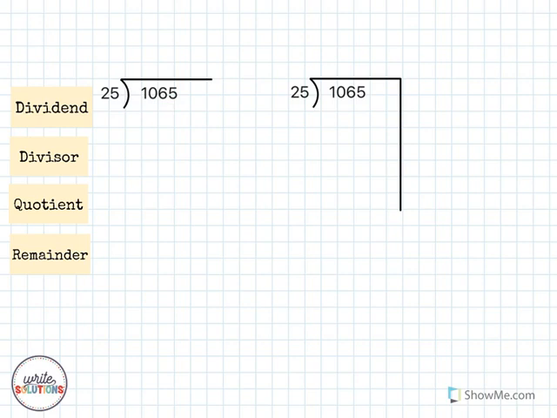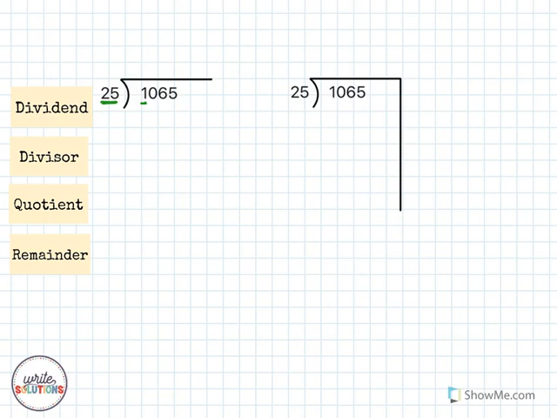To use the traditional algorithm, we start by asking a question about that divisor. We're asking, can I pull any groups of 25 out of, and this is going to seem strange, 1? I know that that 1 really represents 1,000, but when we use the traditional algorithm, we're going to think about it this way. It's kind of a trick.